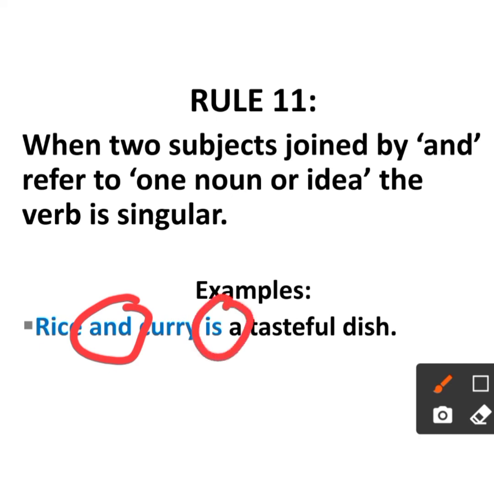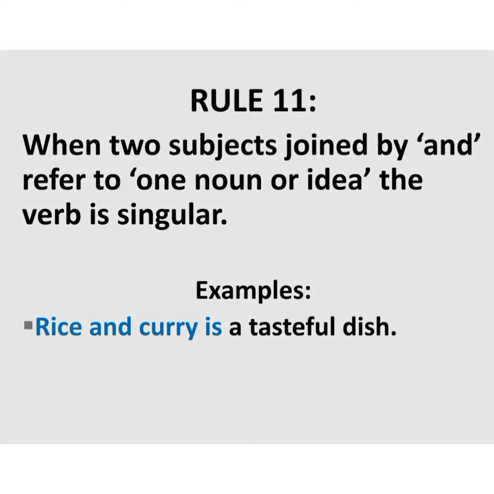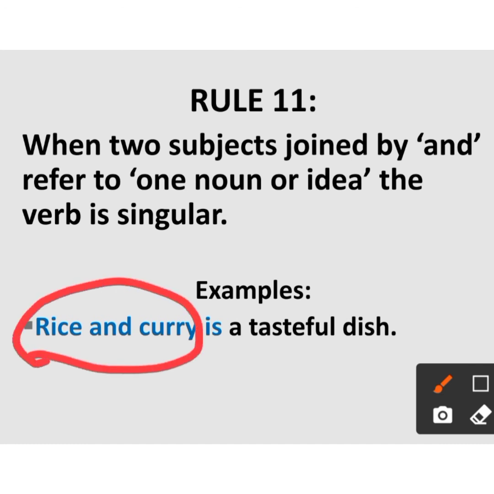Why? Because they have the same idea. They refer to one noun or same idea. Rice and curry is like one, okay? They come together, so you must have singular verb.